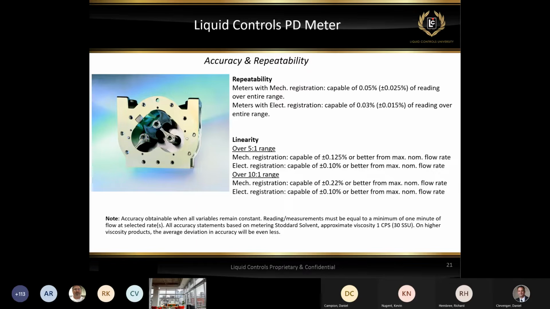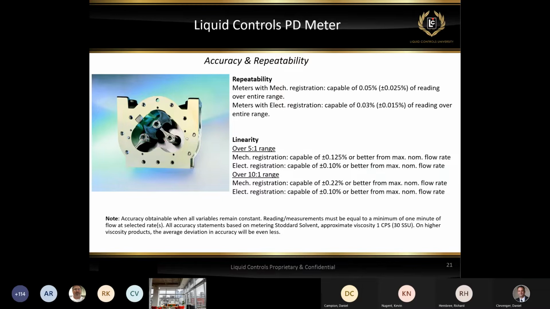So we have two methods of displaying that information. One is a mechanical register, and traditional repeatability has been 0.05%. With an electronic register, we can actually become even more accurate on repeatability, and that would be 0.03%. And those are both over the entire range of the flow meter.